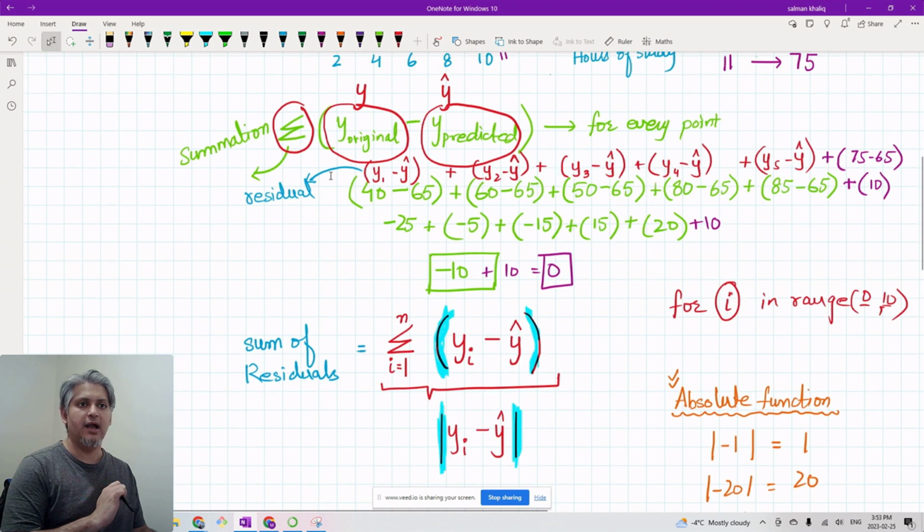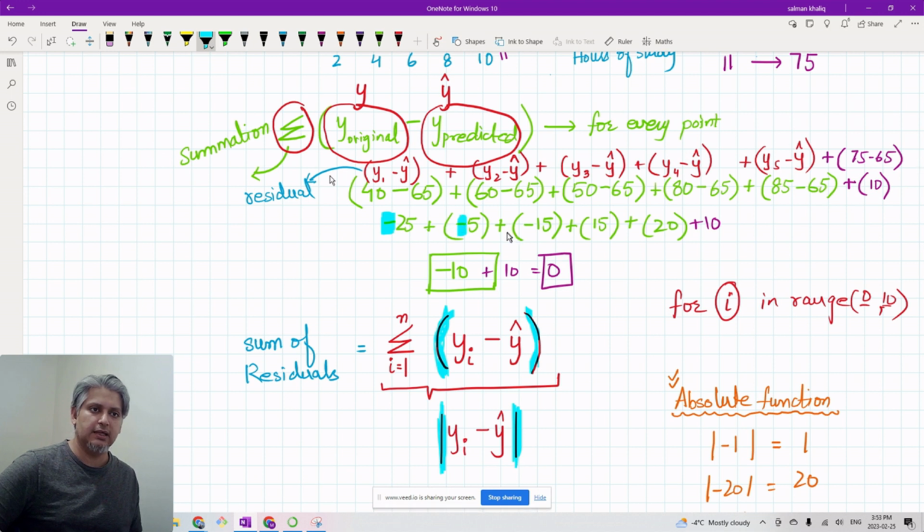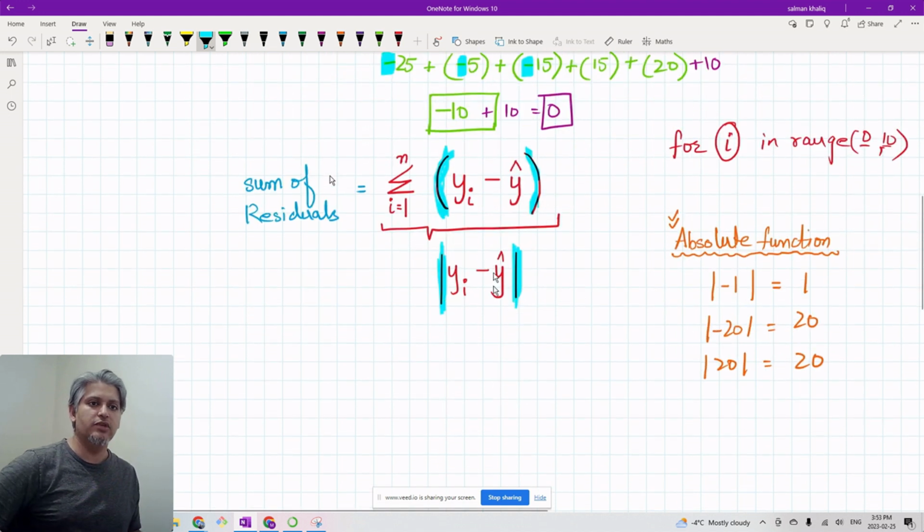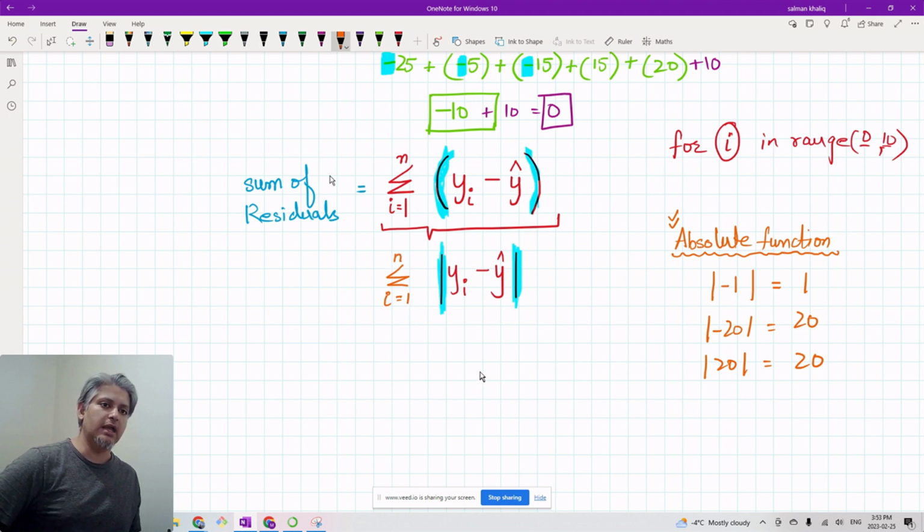If I go back up and ignore this sign, this sign, this sign, and add all of them up, now my error is pretty big. If I do this over here, my error is going to turn out something like this. When i goes from 1 till the value n, what exactly am I going to call it? It would be the sum of absolute errors.